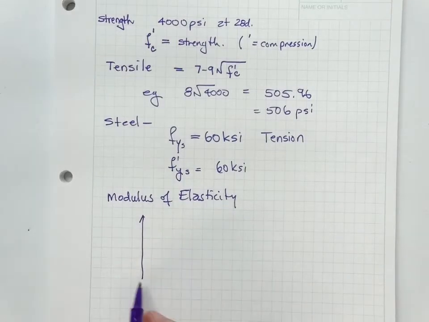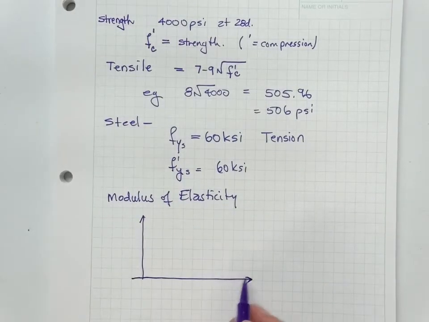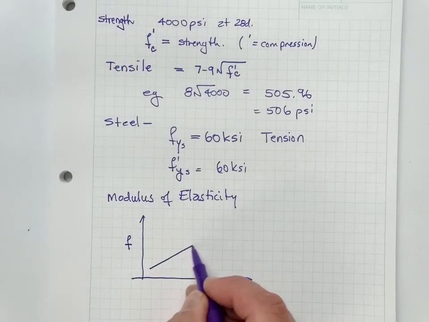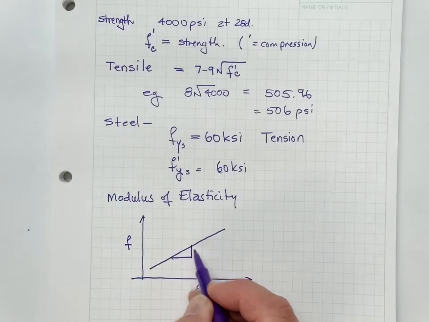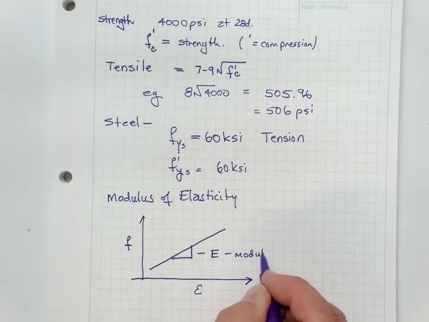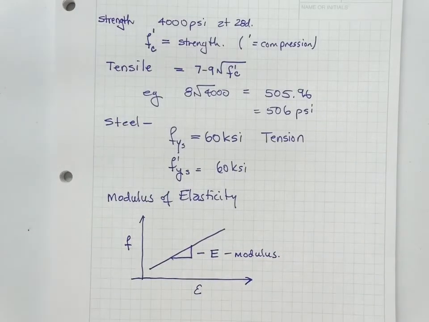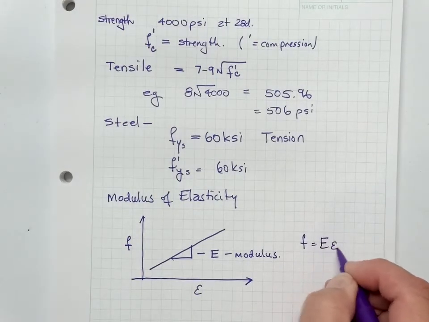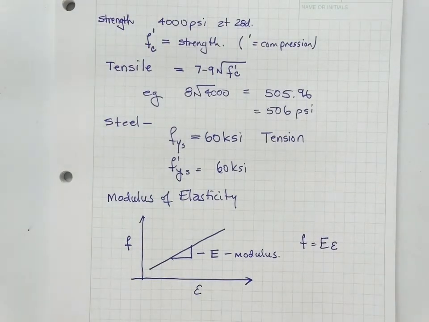If we have a stress and a strain, in the elastic region, the slope of this line is the modulus. And this is an interesting phenomenon because in the elastic region, they're related by a constant, that the stress is equal to the modulus multiplied by the strain.